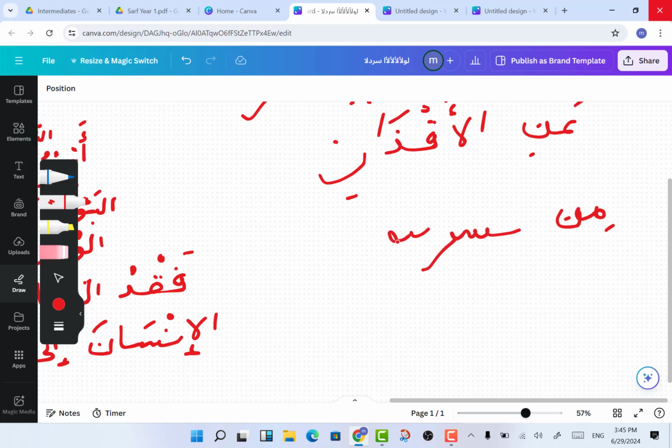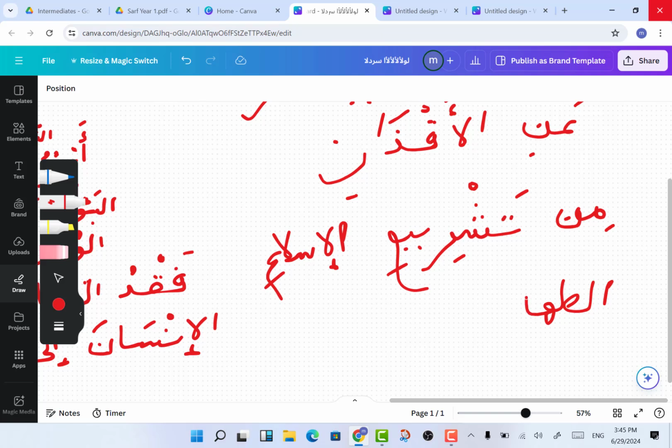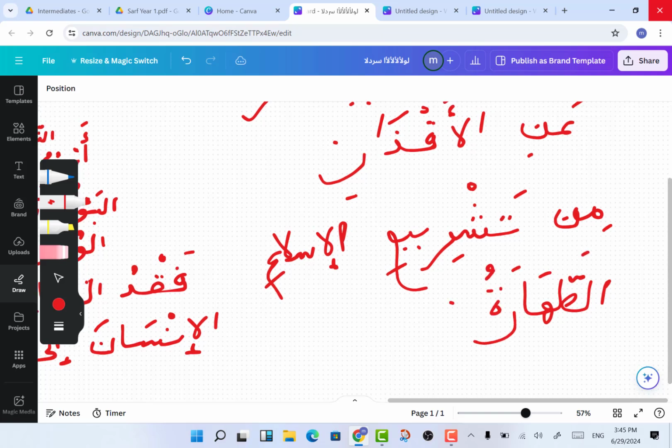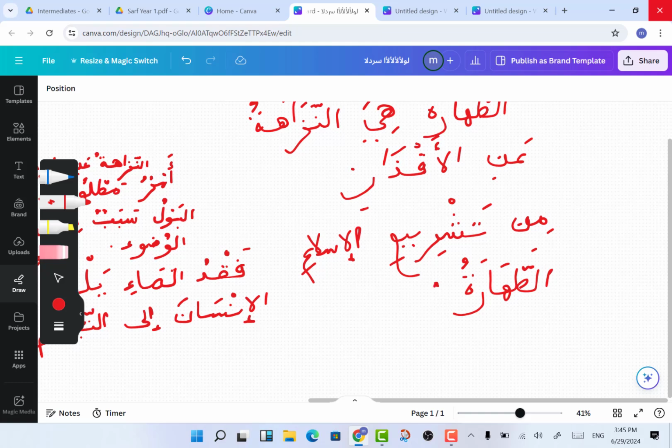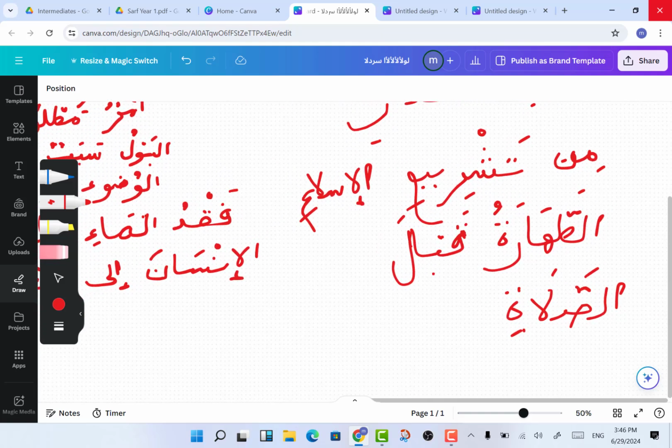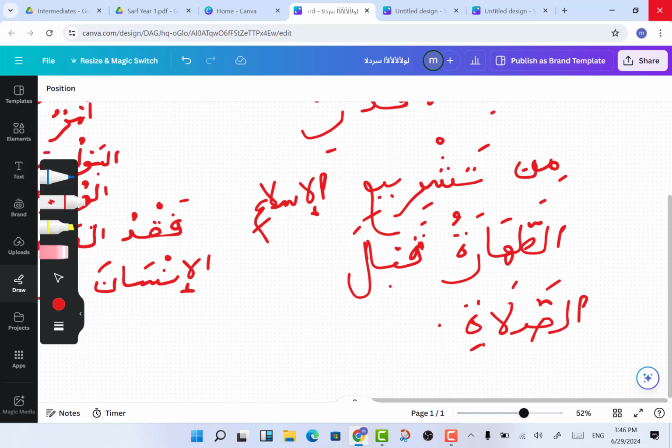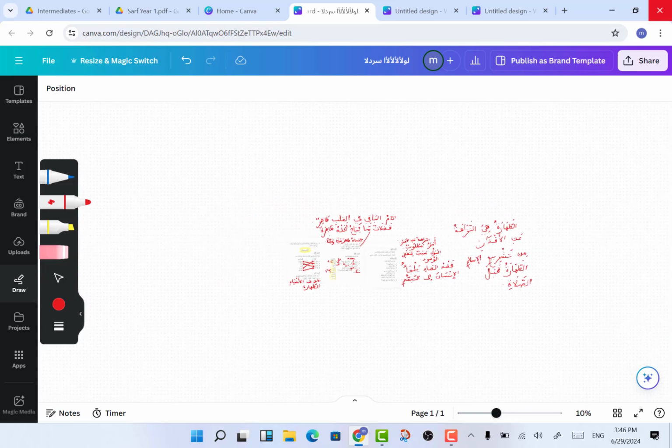من تشريع الإسلام الطهارة قبل الصلاة. Out of the legislation of Islam is that purification before you move into Salah, before approaching Salah.